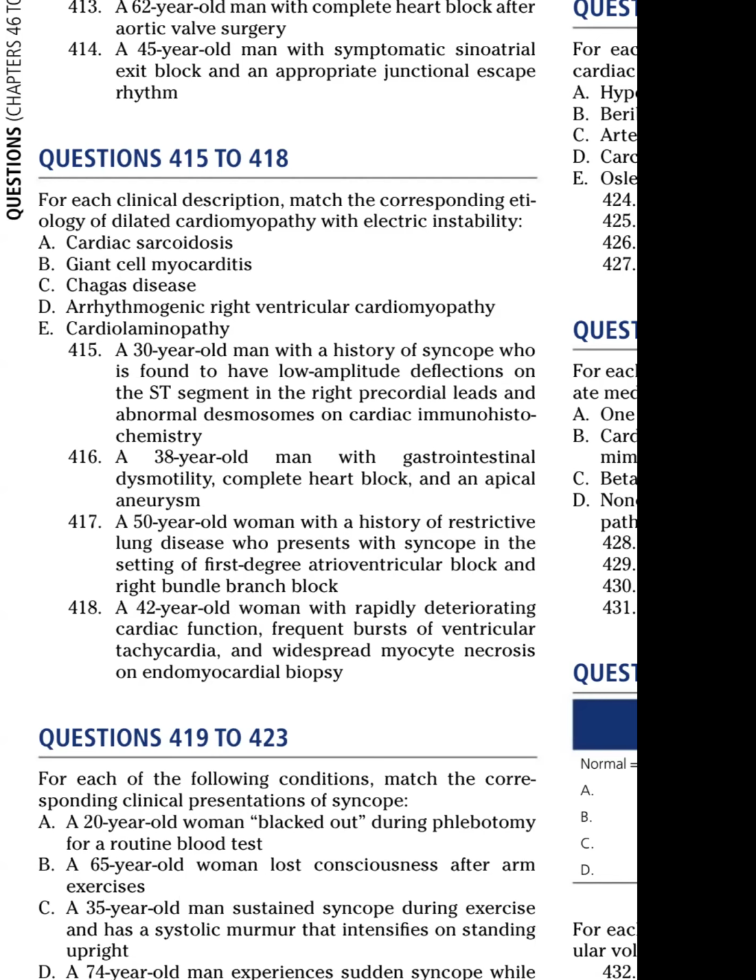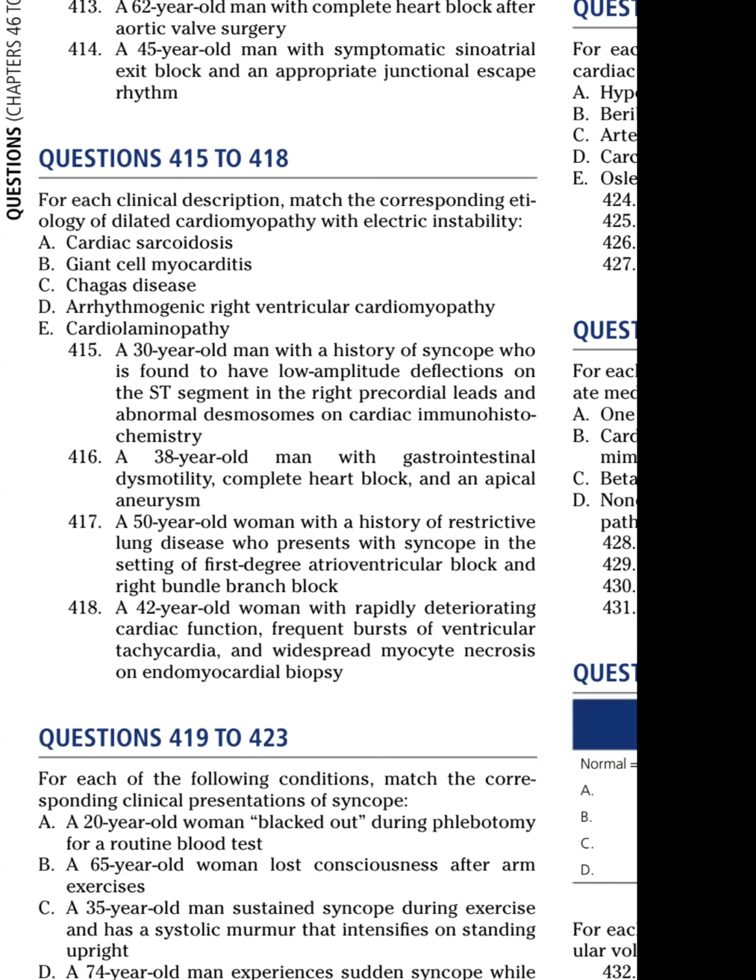Approximately 25% of those who have respiratory sarcoidosis already have some form of parenchymal disease and hilar involvement, and about 25% of them have cardiac involvement. So 417, the answer is A, cardiac sarcoidosis.